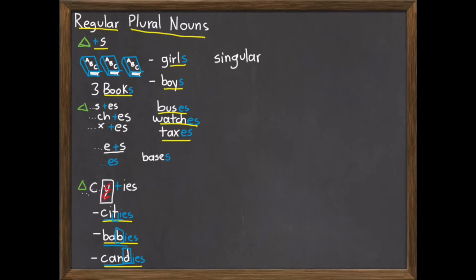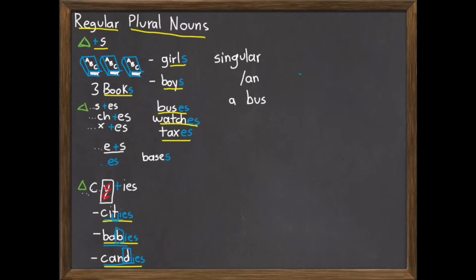Something else important when we're talking about singular nouns is when we use a or an before a singular noun. For example, we looked at bus. The rule says that when a word starts with a consonant, we use a before it.